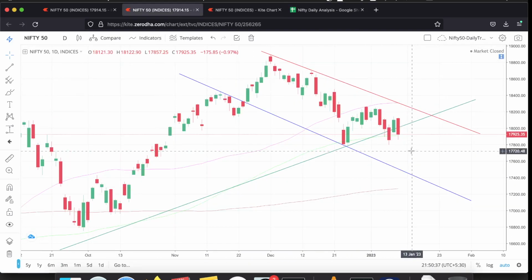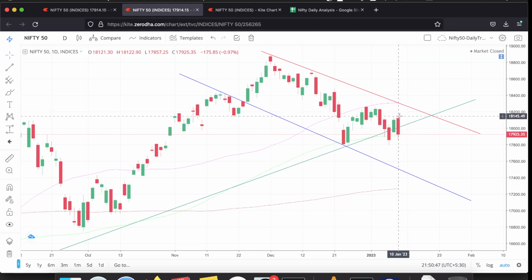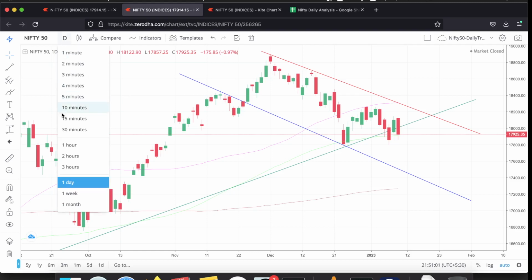Going to today's candle, we can observe that Nifty started right above the previous candle here. So it started slightly above the previous candle, and then it fell right through the supports. If we look at the intraday trend, it is very clear.